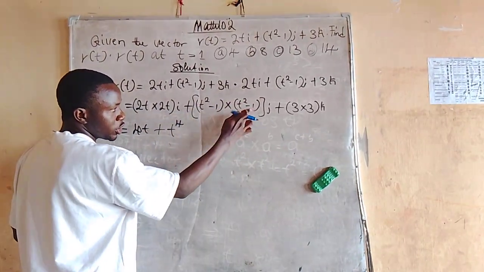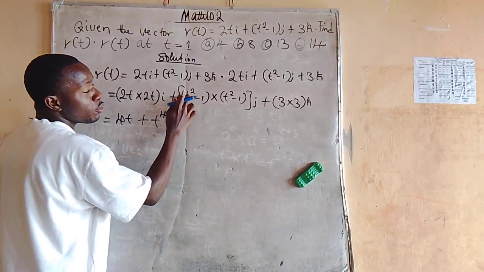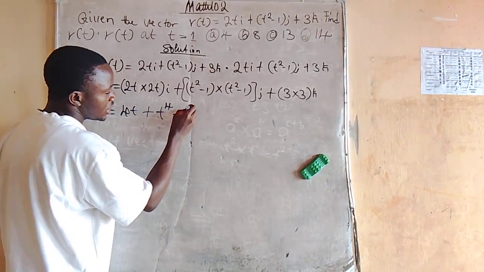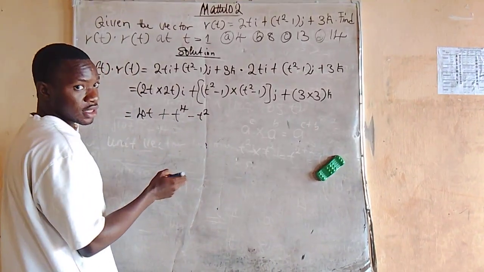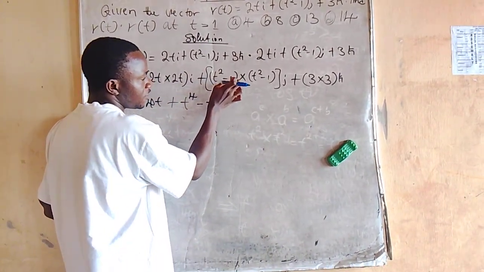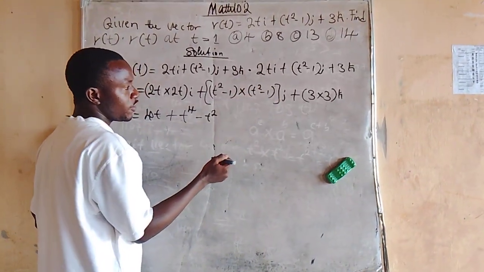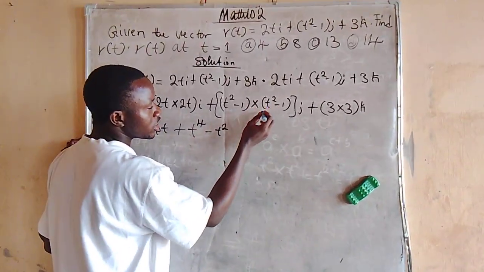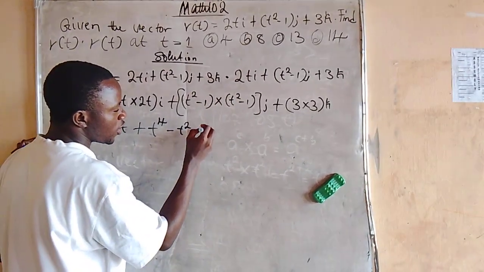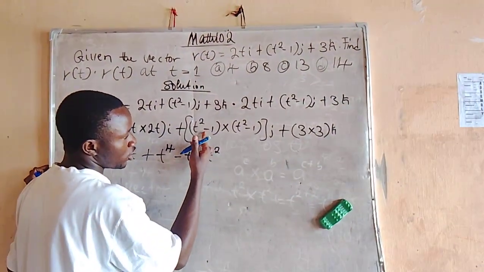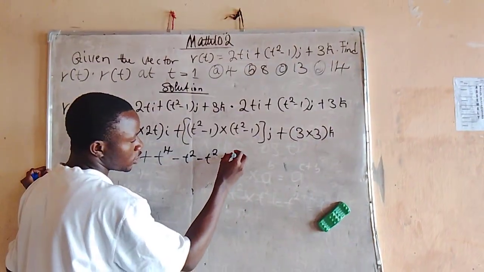We pick it again and multiply the last term: t squared multiplied by minus 1 gives you minus t squared. You are done with the first term. Then the last term in the first bracket multiplies everything in the second bracket: minus 1 multiplied by t squared is minus t squared. Then minus 1 multiplied by minus 1 gives you plus 1.